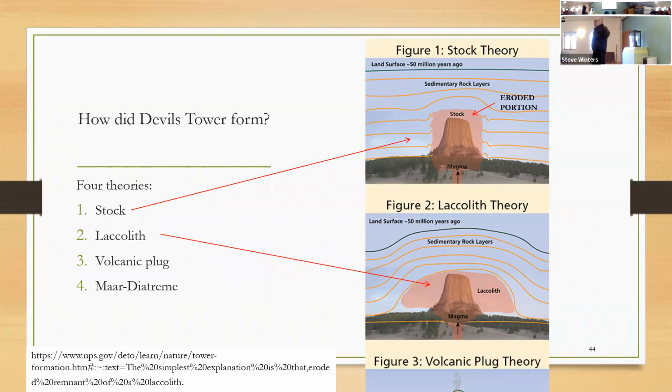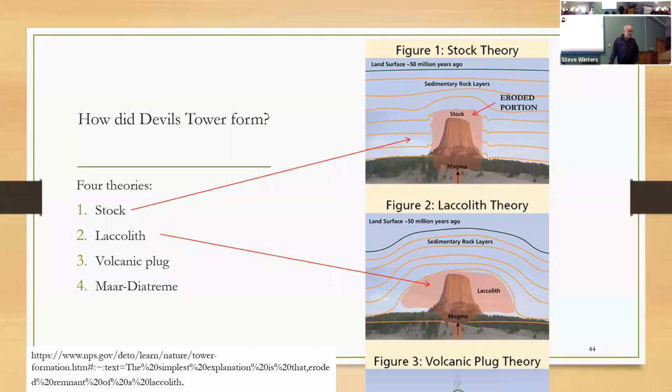There are 4 theories as to what this tower is, and they're all volcanic. It could be a stock, which is a big blob of lava which resides underground and just cools. The sedimentary rocks on top can be eroded away, and this part of the stock can be eroded away.